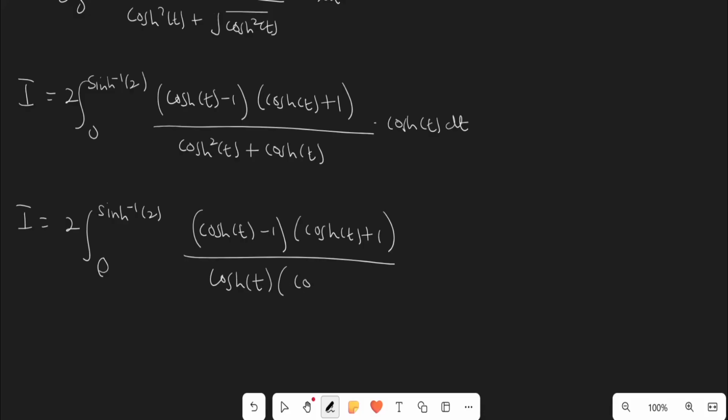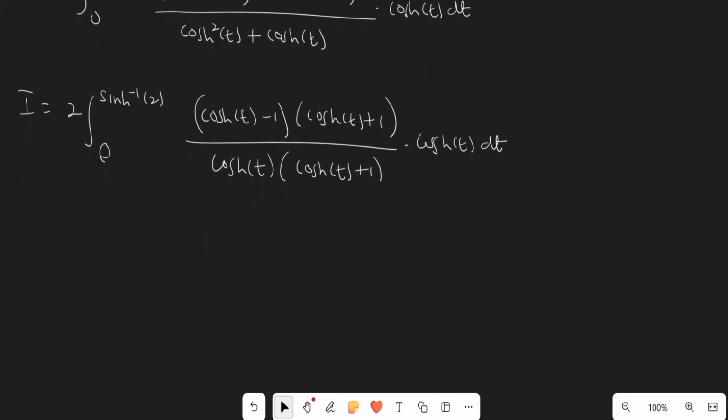Factorize that one out and I have cosine hyperbolic of t plus 1 times cosine hyperbolic of t dt. Now there are a lot of cancellations here: this will cancel that and this will cancel this. So in the end, you are just left with the integral from 0 to sine hyperbolic inverse of 2 of cosine hyperbolic of t minus 1 dt.